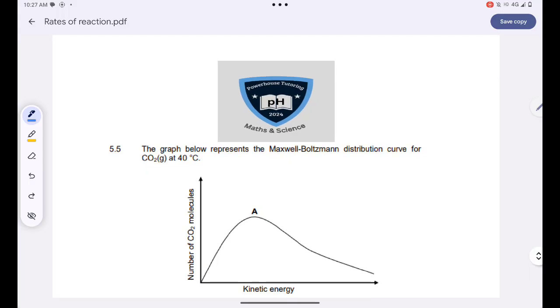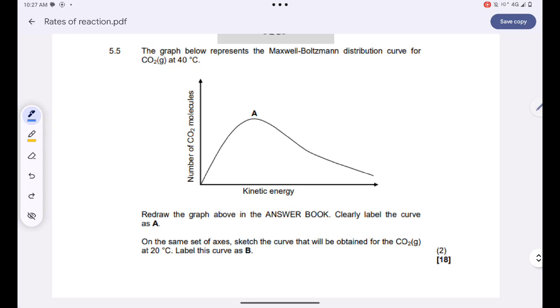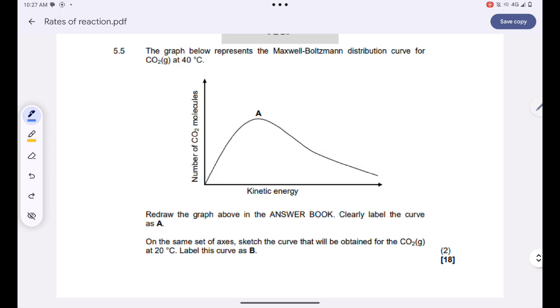Okay, and then now we are told that the graph below represents the Maxwell-Boltzmann distribution curve for carbon dioxide at 40 degrees. Are you together? They want us to redraw the above graph in the answer book and clearly label the curve as A. Okay, they just did that for us.